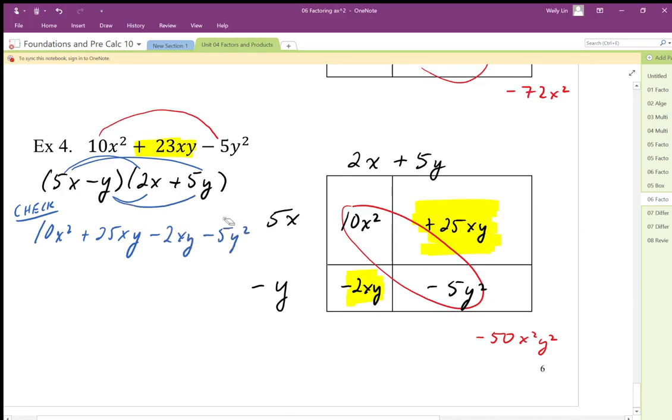Notice that we get our squared terms on these parts, and our xy's are when the x's and y's interact with each other. So when we combine our like terms, that works out to be 23xy. All the coefficients match. That's our check.